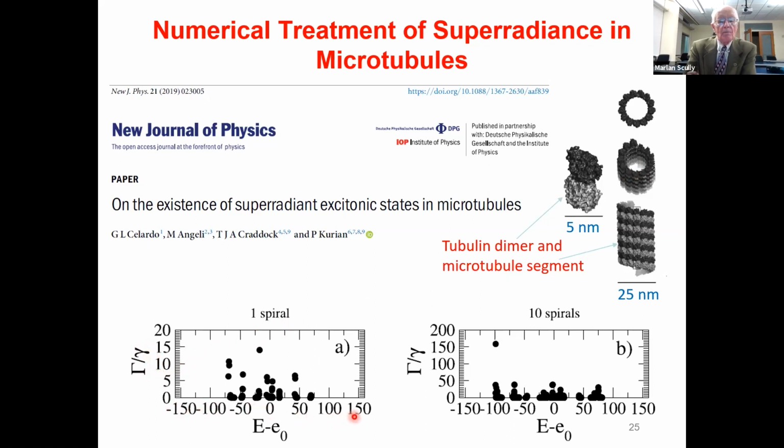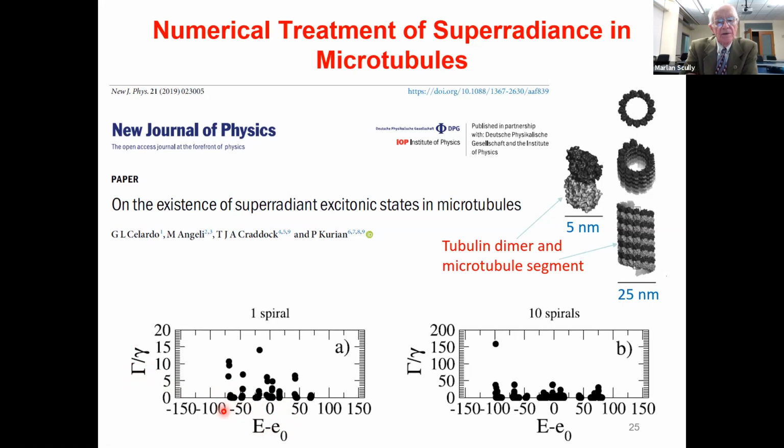Now here we're plotting the Lamb-shifted frequency of the individual radiating constituents.